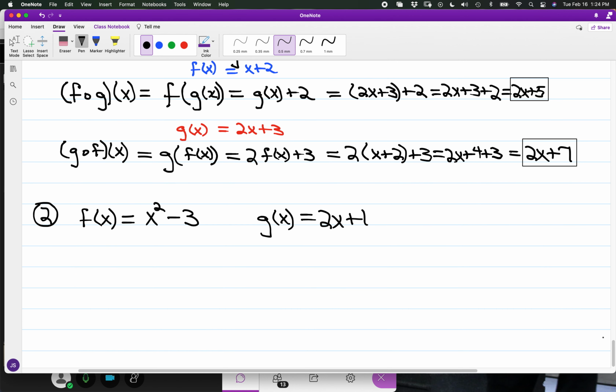So for f composed with g of x, again, the input function is going to be g of x. So I have f of g of x. And in terms of how I'm going to follow through, again, you're going to use the outside function, function f.